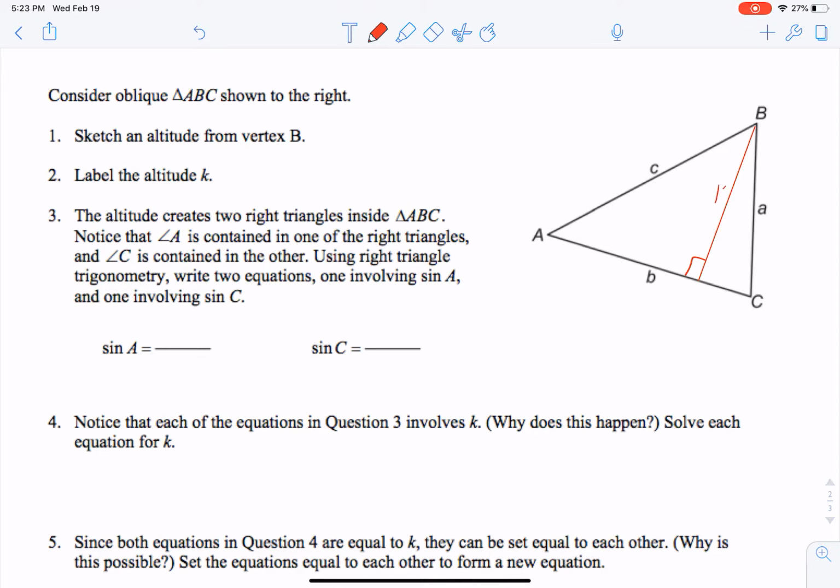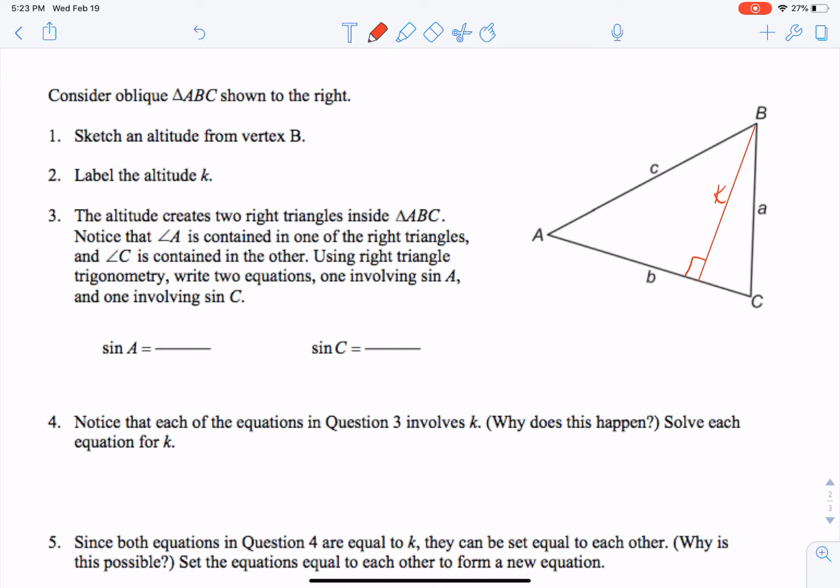We will label that altitude K. It says the altitude creates two right triangles inside of ABC. Notice that angle A is contained in one of the triangles and angle C is contained in the other. So here is one of my right triangles, and here is my other right triangle.